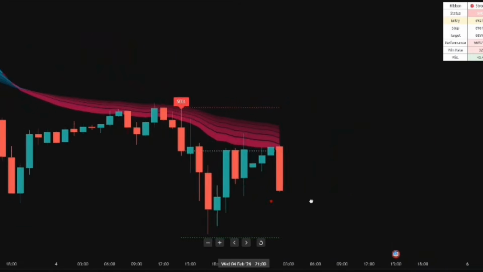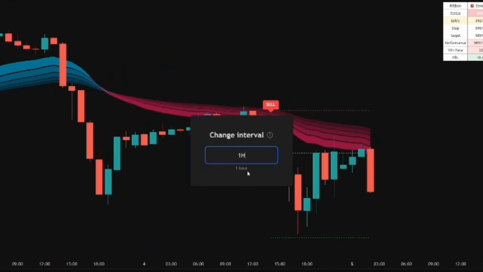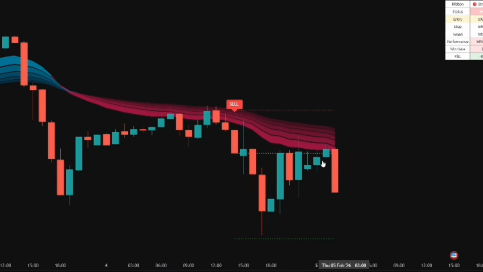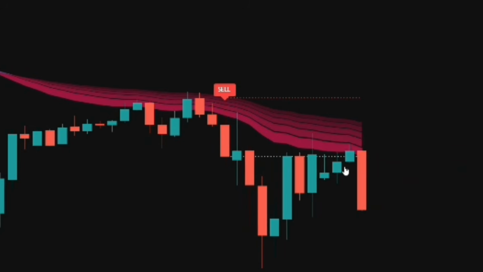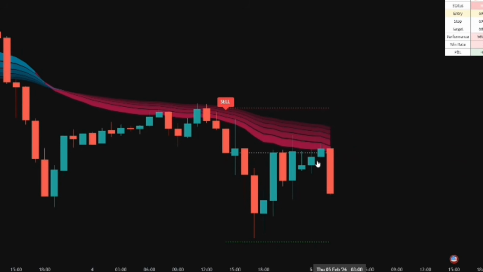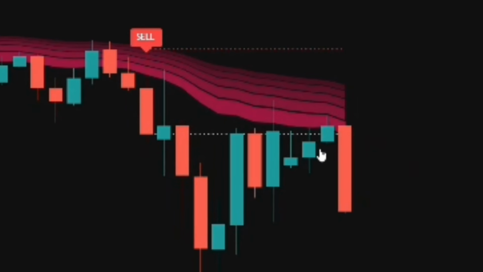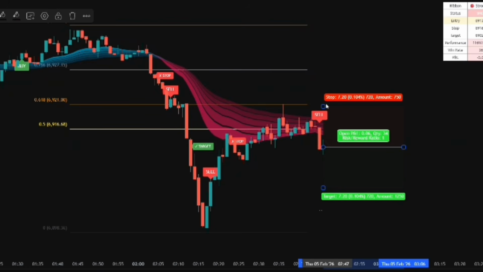Think about this carefully. The rules for selling are the mirror image, but the market moves faster when it falls, so your timing must be perfect. 1. Ribbon alignment. All 5 layers of the ribbon must be red or pink. This shows a deep bearish cloud. 2. Candle color. You must wait for a bright red candle to close. 4. Entry point. Enter at the open of the next candle following the bright red close.